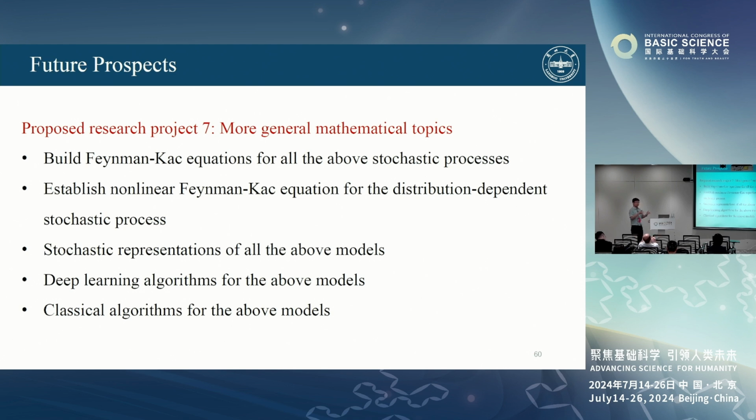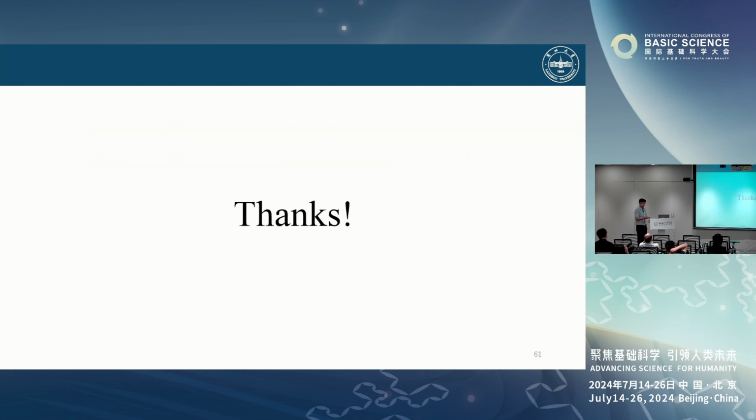Then we can do stochastic analysis based on the stochastic representation to do some regularity analysis for the PDE. Then deep learning algorithms for the above, and also classic algorithms for the above models. Okay, thank you.